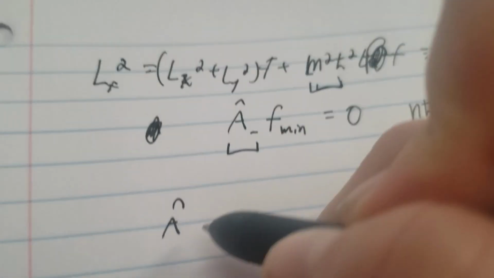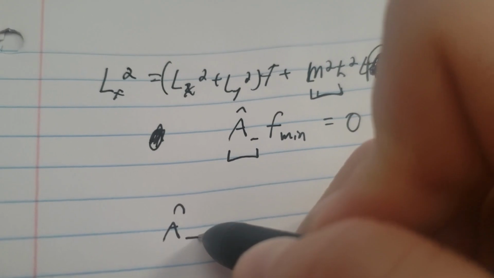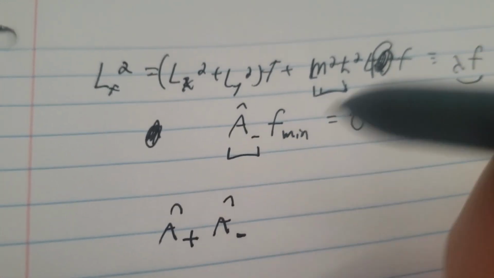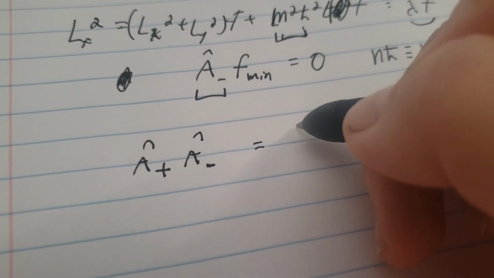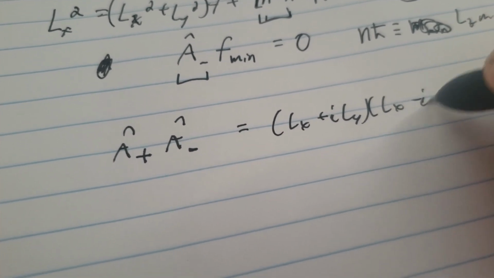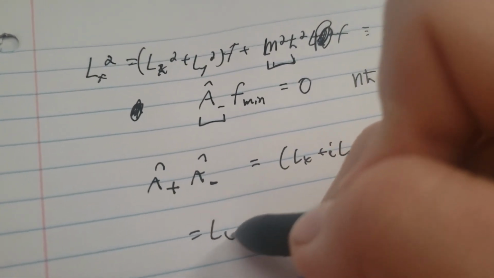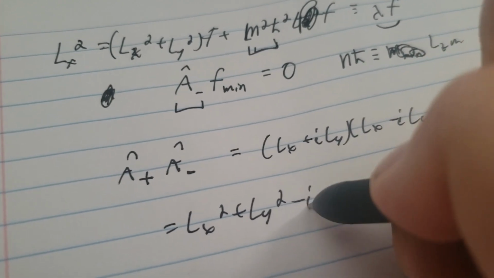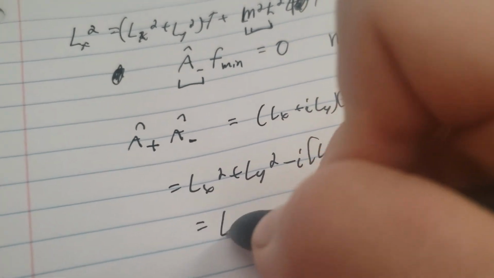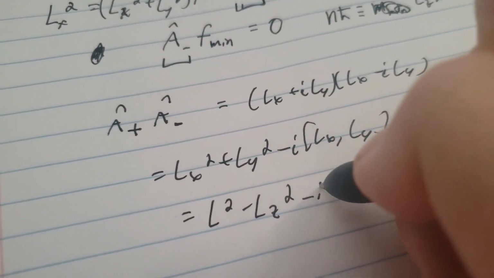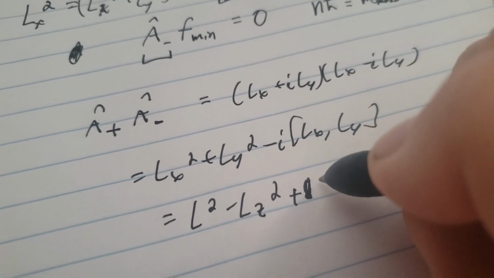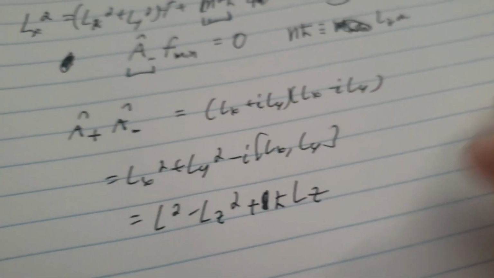Similarly, let's look at the raising operator working on the lowering operator. That's just Lx plus i Ly times Lx minus i Ly, equals Lx squared plus Ly squared minus i times the commutator of Lx with Ly, which is equal to L squared minus Lz squared minus, with the opposite sign, h bar Lz.